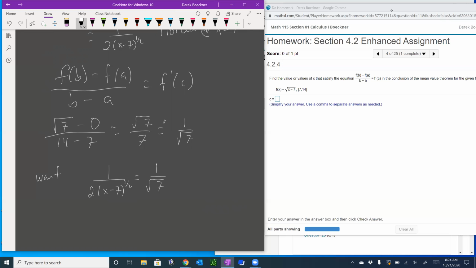Write 7 as the square root of 7 times the square root of 7 and then cancel them? Yeah. No matter what, it's just an exponent rule. Okay.